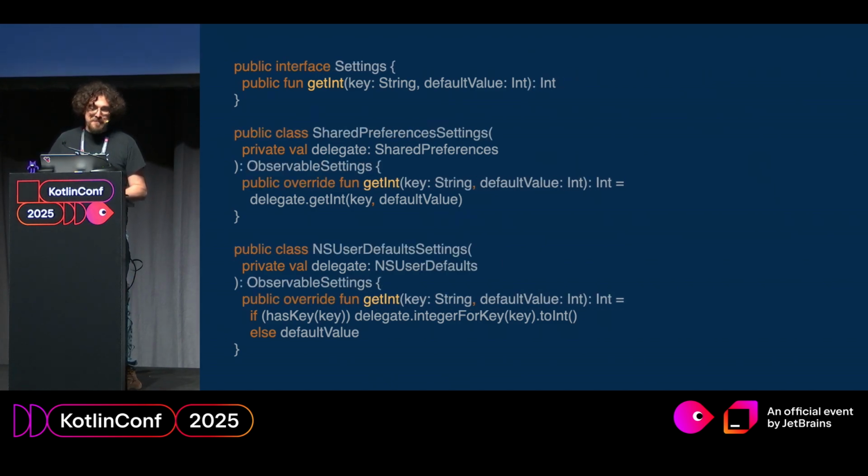So over time, that's what things morphed to. I turned it into an interface Settings that has implementations SharedPreferencesSettings and UserDefaultsSettings. And this does a bunch of things. It makes it easier to sub out a test implementation. It gives you the ability to have multiple implementations on a platform because expect/actual needs to be one-to-one.